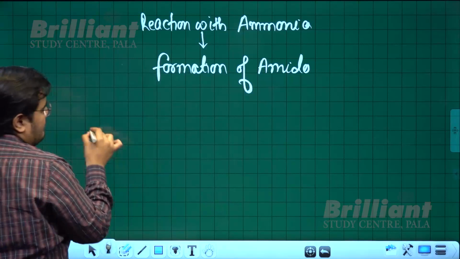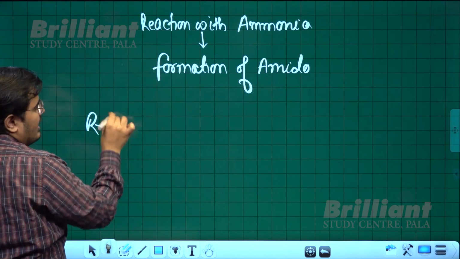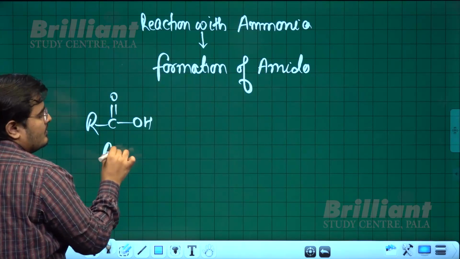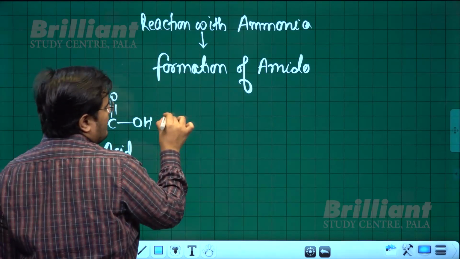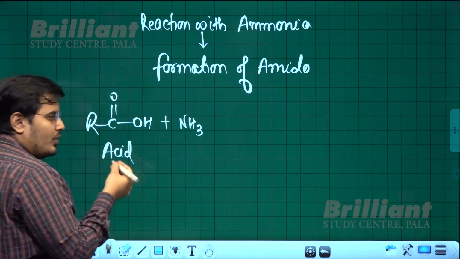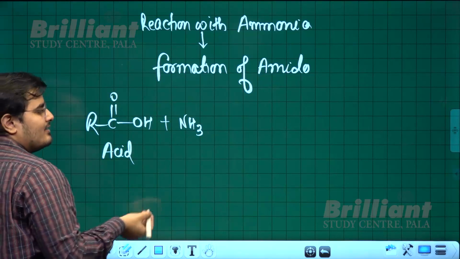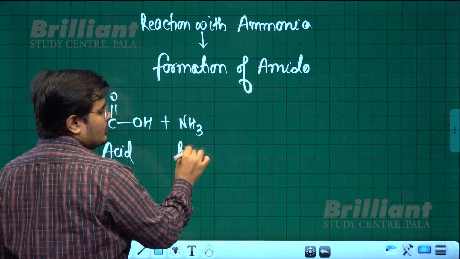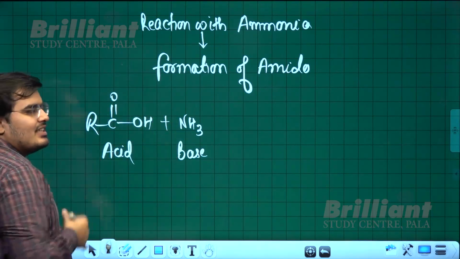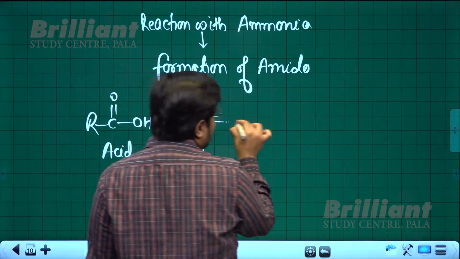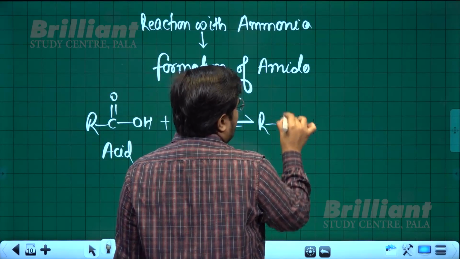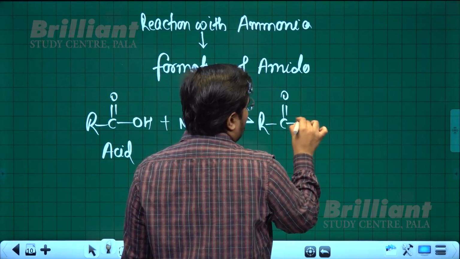So first, if you have a carboxylic acid and you treat it with ammonia, here ammonia, in addition to acting as a nucleophile, we know is also a base. So the first thing that happens is an acid base reaction, which leads to the formation of ammonium salt.